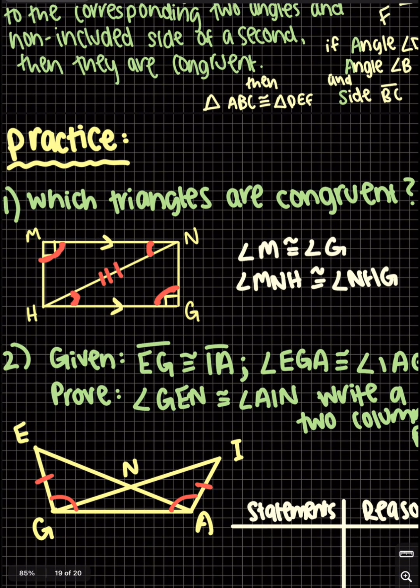And this is by the reflexive property, meaning that HN is HN; naturally, a line is congruent to itself. So from what I have here, I've proven one angle and one angle and the excluded side. And then if you look at this triangle as well, one angle and one angle and the excluded side.